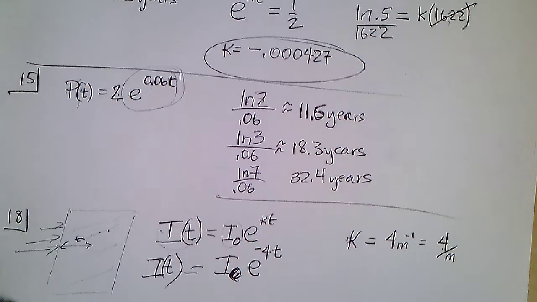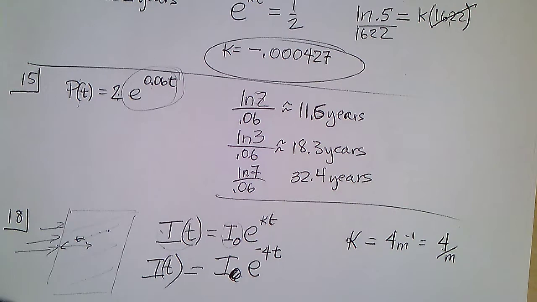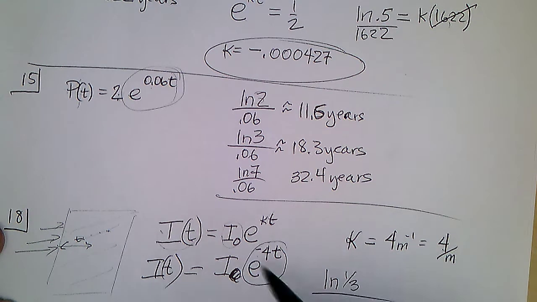Now, the question is, how thick must the block be to reduce the intensity by a factor of 1/3? So we want this to be 1/3. So we're going to have ln of 1/3 divided by the k.